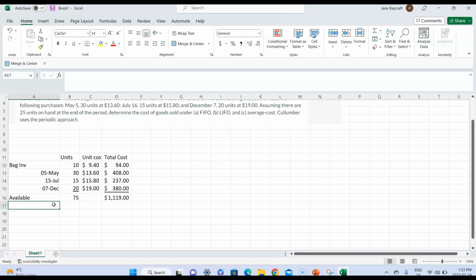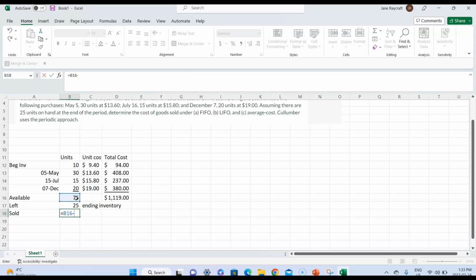I have 25 left over in my ending inventory, so the amount sold must have been the difference. If I take the 75 units and subtract what I have left over, I must have sold 50 units.